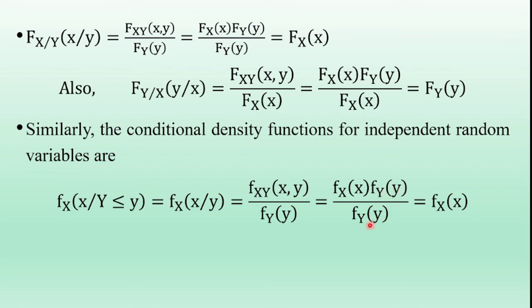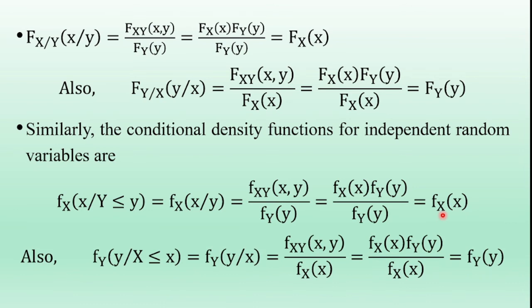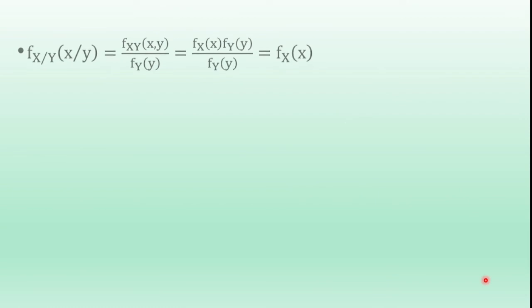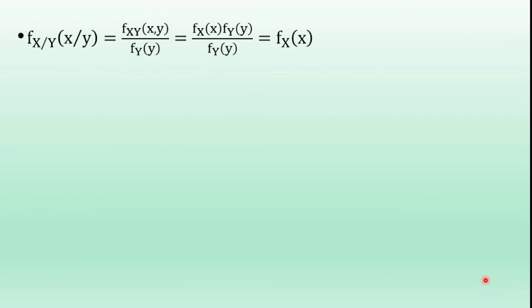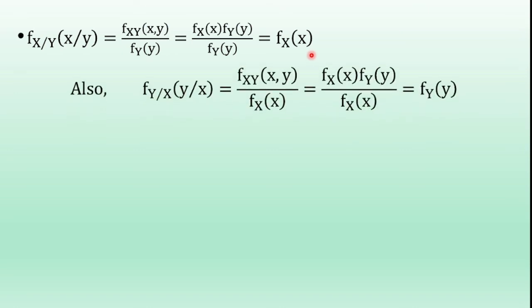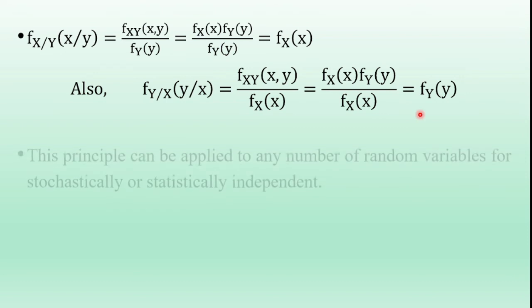The f_Y(y) in the numerator and denominator cancels, and the remaining term is f_X(x). Also, f_Y(y|x) is equal to f_Y(y).